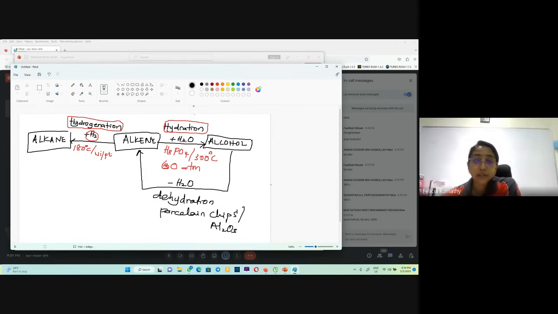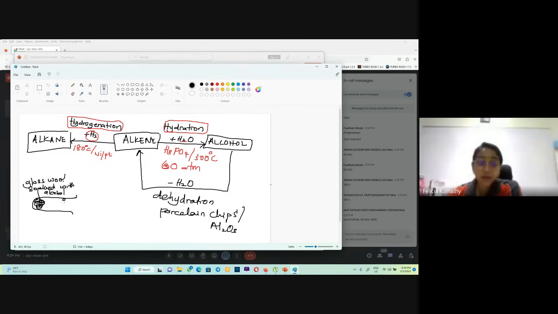Now, dehydration, students, you have to be focused on the diagram for drawing. We use a boiling tube. Remember, not a test tube. Inside the boiling tube, you put glass wool soaked with the alcohol, whatever alcohol they give you.